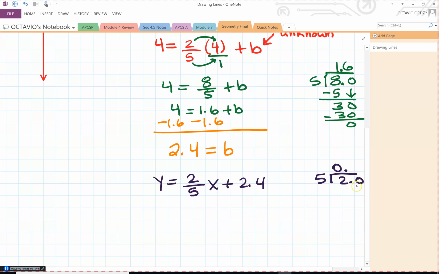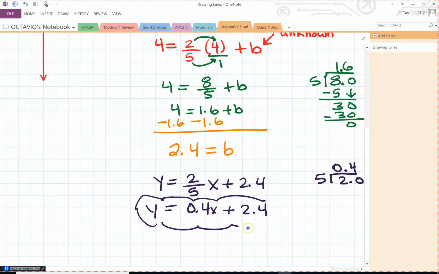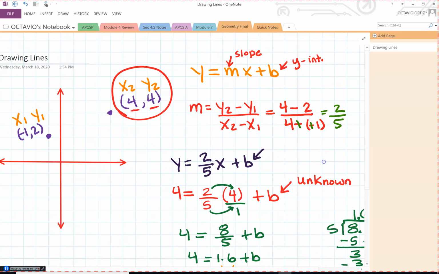Place a point. 5 goes into 20 4 times. And so it's 0.4x. It doesn't make a difference how you do it. But now you have an equation, right? Like that. This is how we get the equation of lines.